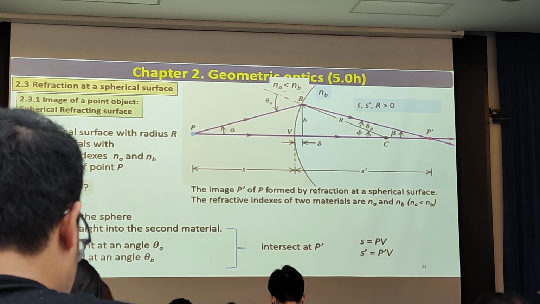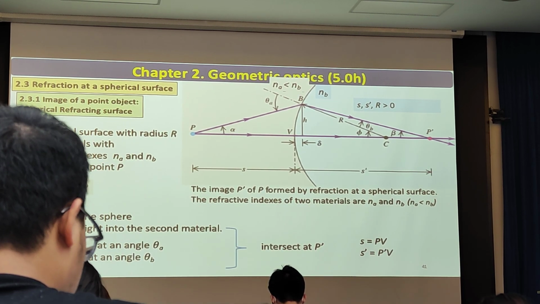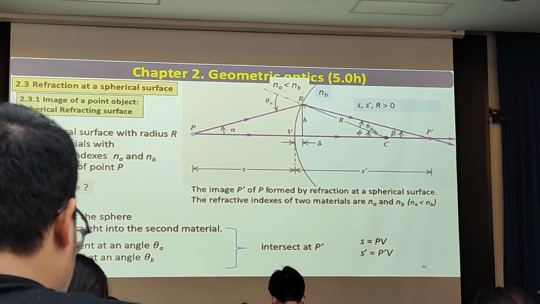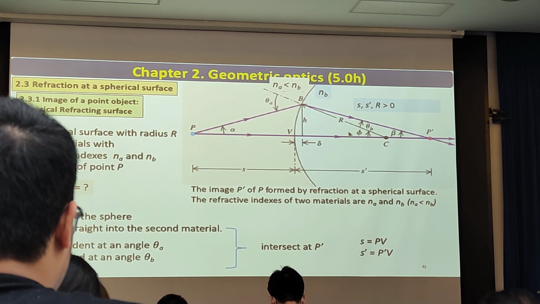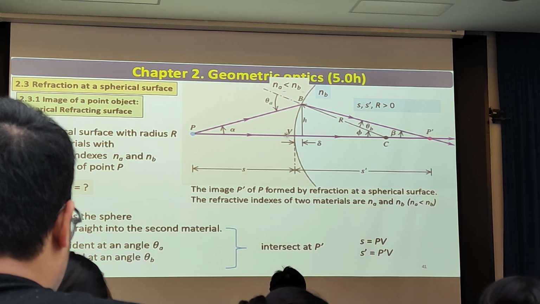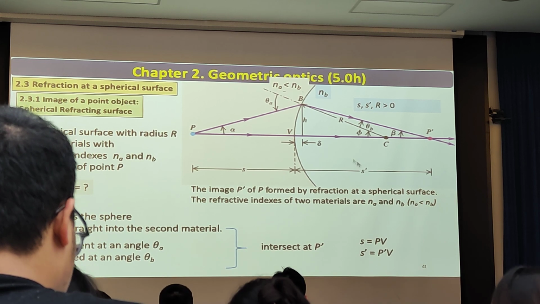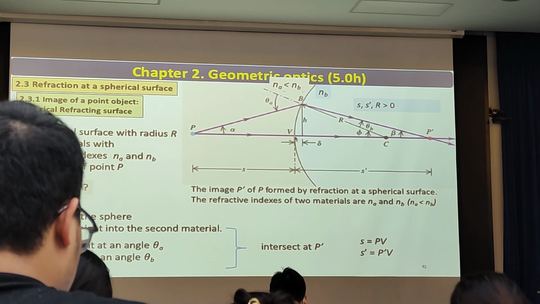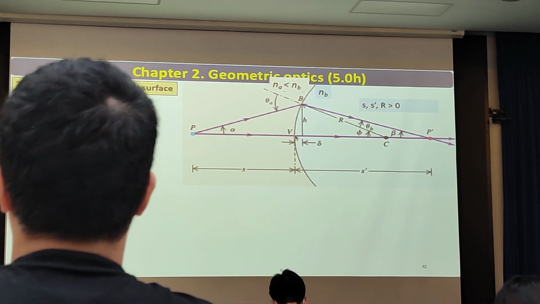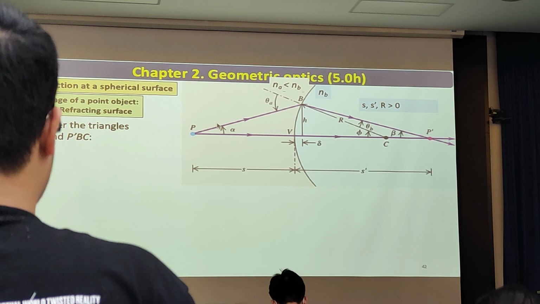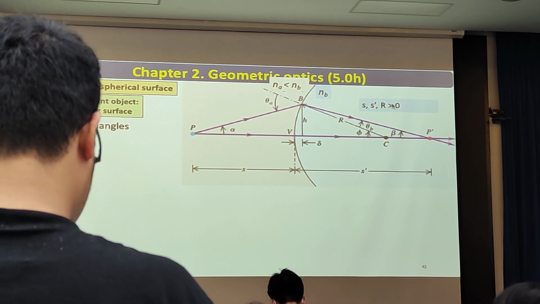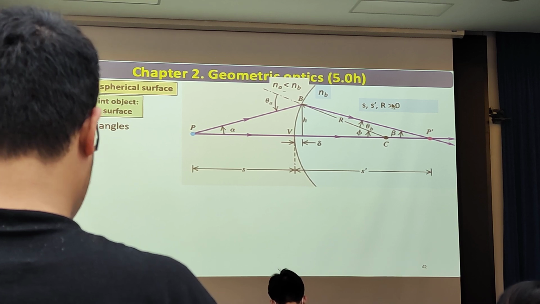So these two intersect at P prime, and you have object distance equal PV, image distance equal P prime V. The object distance is the distance from the object to the vertex. And the image distance is the distance from the image to the vertex as well. Now let's go. We have in this case S here, S and S prime, and also R. All of them are positive.